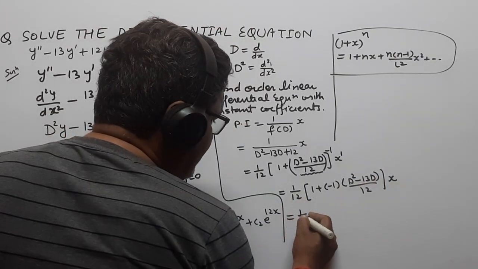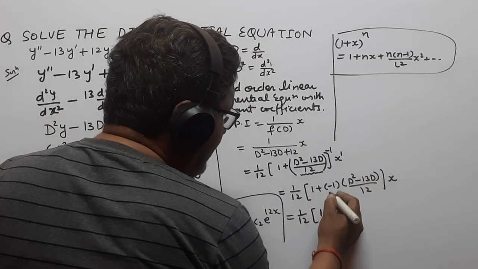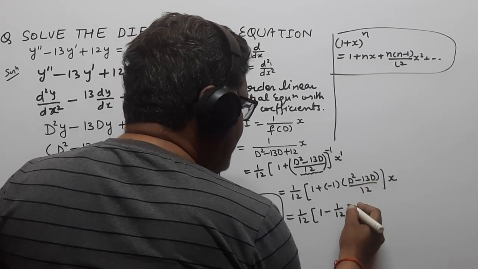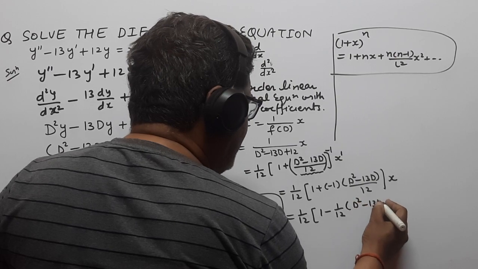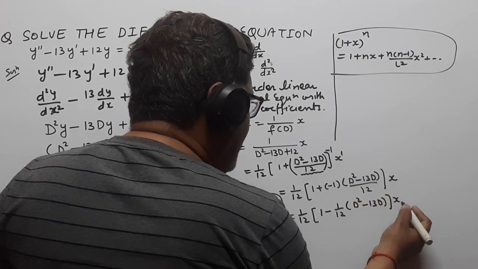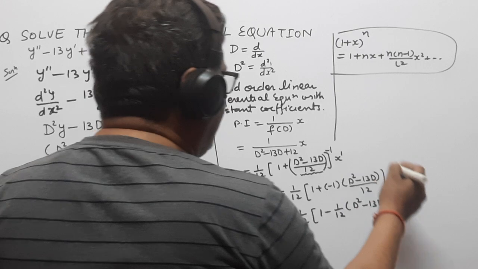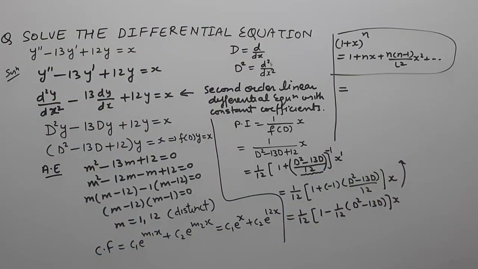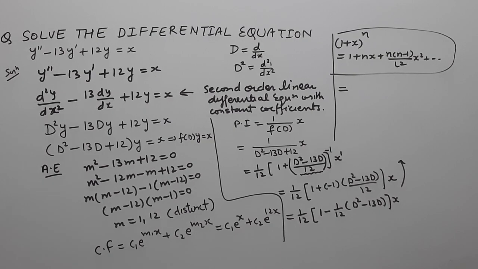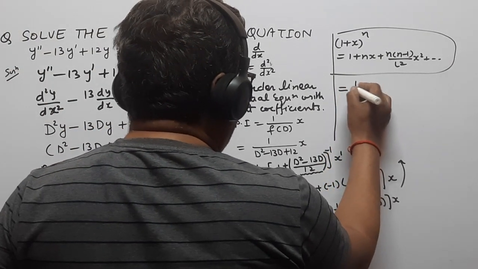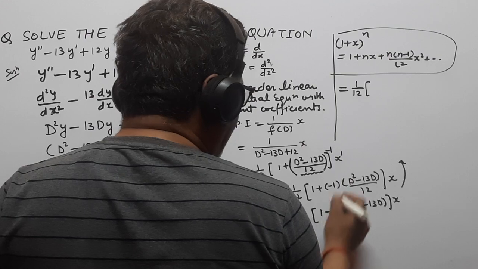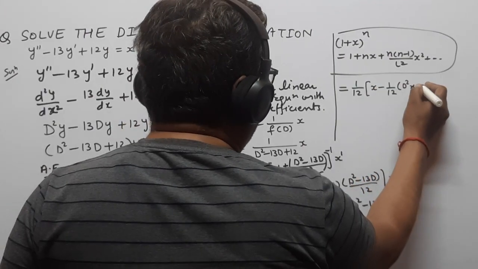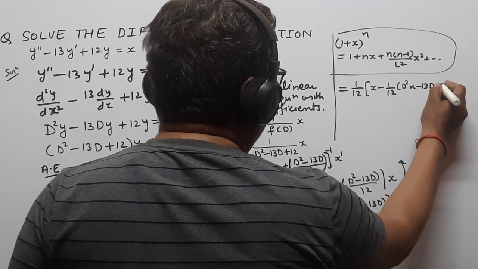So this can be written as 1 upon 12 times 1 plus minus 1 by 12 times D square minus 13D. Now we multiply x inside the bracket and get 1 by 12 times x multiplied by 1, which gives x, and 1 by 12 times D square x minus 13 Dx.